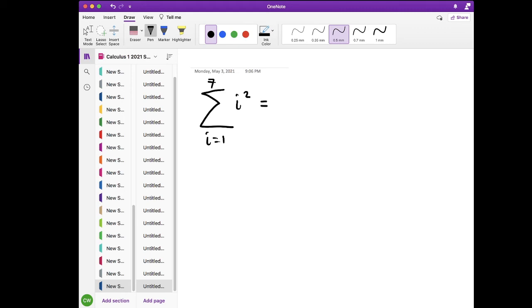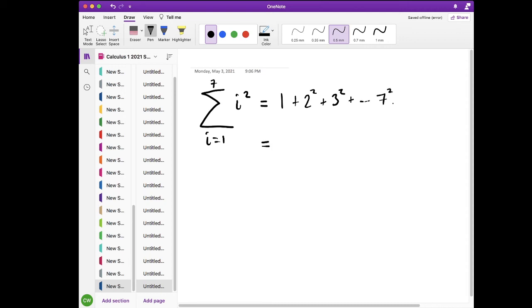The sum from I equals 1 to 7 of I squared. So our function is I squared. First you plug in 1, you get 1. Then you plug in 2, you get 2 squared. Then 3 squared, up to 7 squared. So we did this formula. We figured out that this was n times n plus 1 times 2n plus 1 over 6.